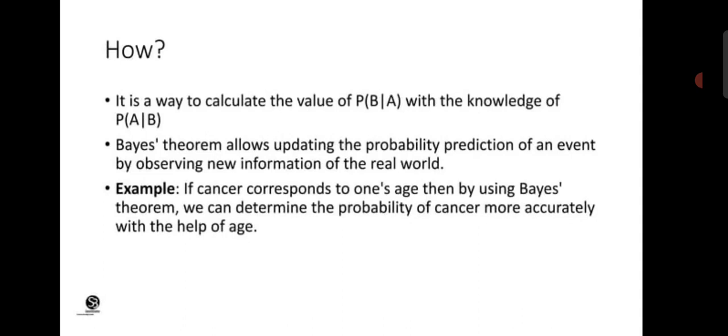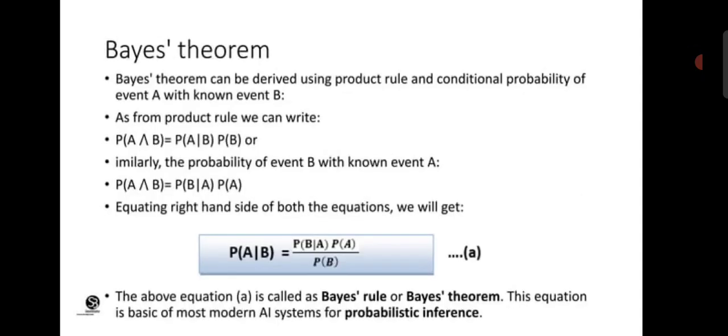Bayes' theorem allows updating the probability prediction of an event by observing new information from the real world. Example: if cancer corresponds to age, then by using Bayes' theorem we can determine the probability of cancer more accurately with the help of the age.